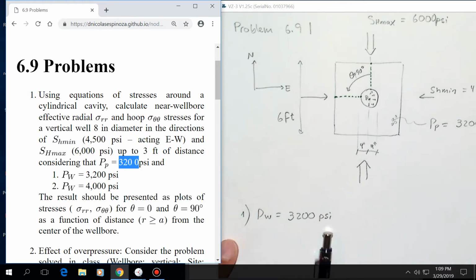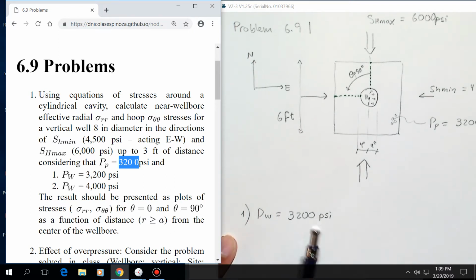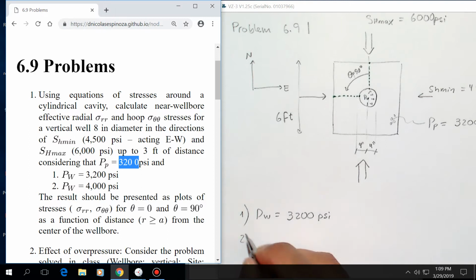And the first one for pressure in the wellbore 3200, and the second for pressure in the wellbore of 4000.